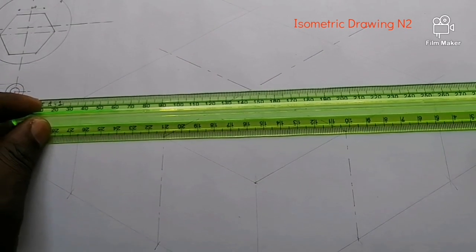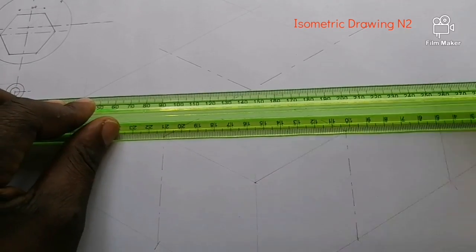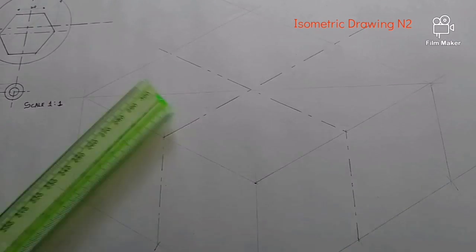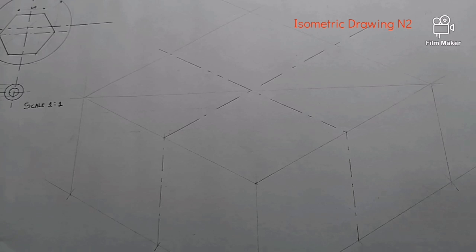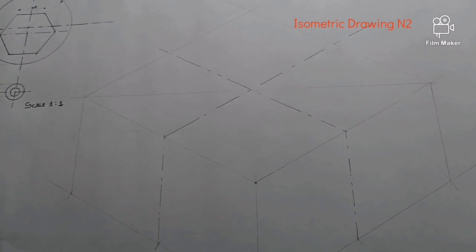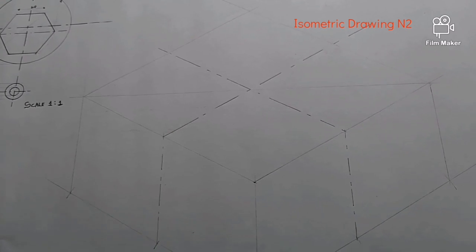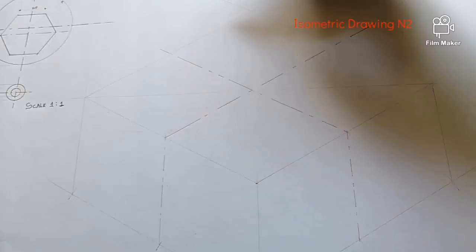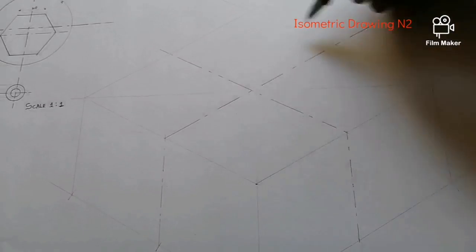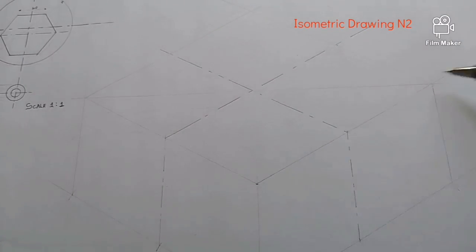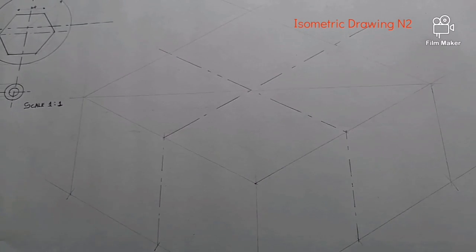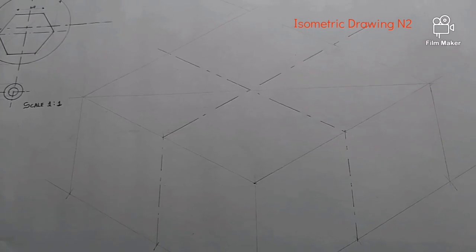You draw faint. Remember, draw like this, faint. Then from that, after you've joined the two longest opposite corners, you join a corner to center, center to corner. So this is the center of these two corners, this is the center of these two corners, this is the center of these two corners, this is the center of these two corners.